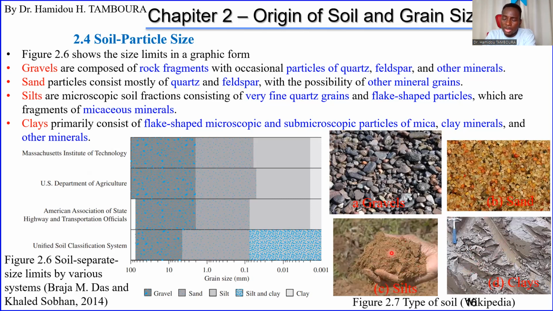Okay. I'm not saying that this silt is a mixture of sand and clay. No, no, no. But it's just the intermediate between these two. Because the behavior of clay and the behavior of sand are completely different, so we had to find another name for this type of soil.